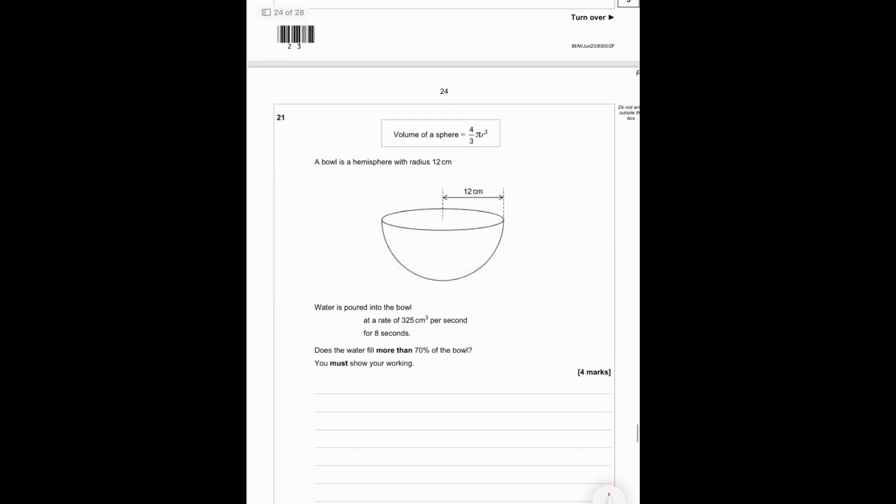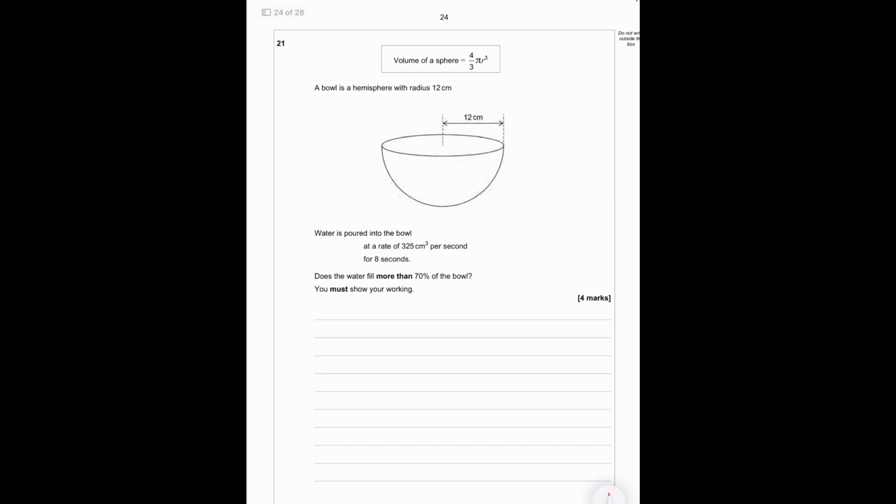Volume of a sphere. A bowl is a hemisphere with a radius of 12. Water is poured into the bowl at a rate of 325 centimetres cubed per second for 8 seconds. Does the water fill more than 70%? So the volume of water would equal 325 times 8, because it's 8 seconds. That gives us 2,600.